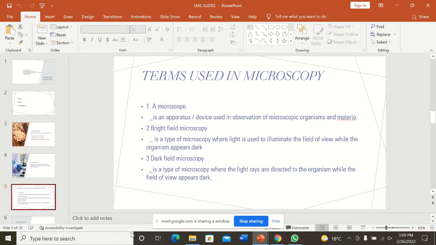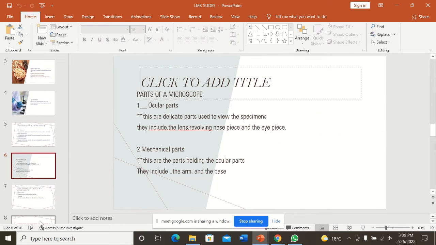Now, our next slide is the parts of a microscope. A microscope has various parts, the ocular parts and the mechanical parts. The ocular parts are the delicate parts which are used to view specimens.